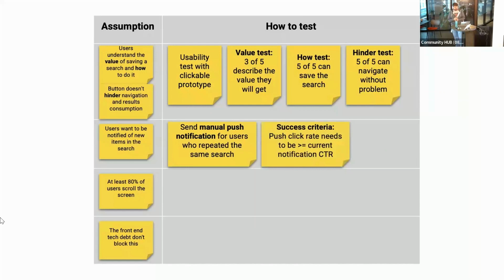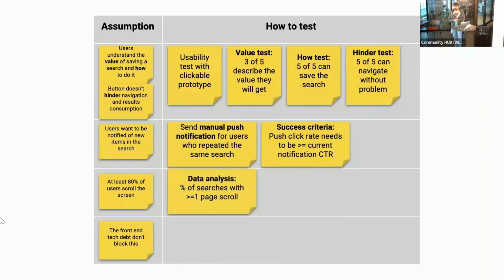And then we had the success criteria. So this push click rate should be similar to the people that actually receive saved search notifications because they saved a search. So we know that these people are as interested as the rest of the people that were already using it. At least 80% of the users scroll the screen.